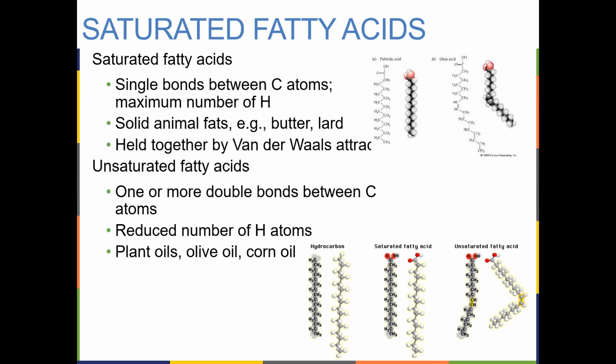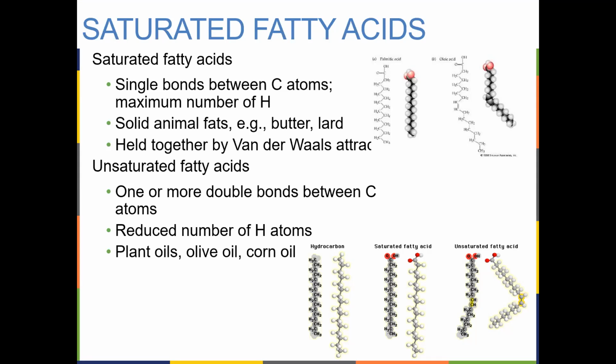Olive oil, corn oil, sunflower, safflower, just plain old generic vegetable oil, which is a mixture of oils, canola oil, all these things that you see at Food City or at Kroger's, wherever you shop.